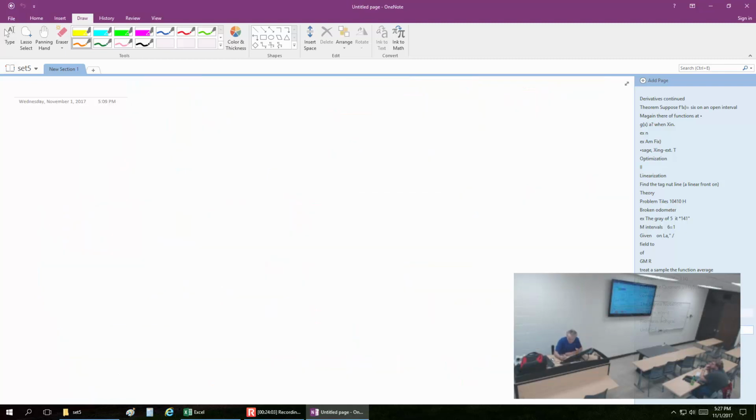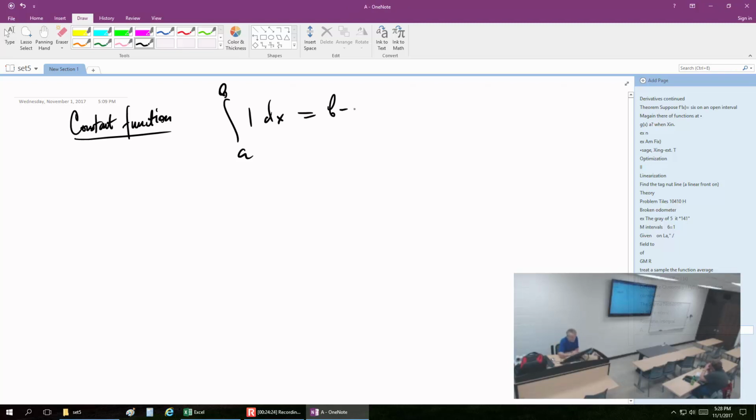Let me once again state this. I think we have stated it before, the most basic theorem. The integral of the constant function 1 dx from a to b is b minus a.